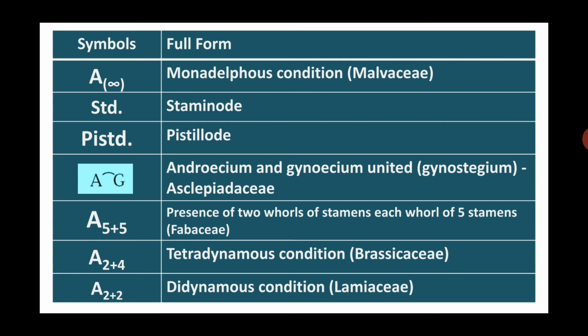A, G and union, that is arc, androecium and gynoecium united, called as gynostegium, found in Asclepiadaceae family, for example Calotropis. A 5 plus 5, presence of two whorls of stamens, each whorl of 5 stamens, for example Fabaceae. A 2 plus 4, tetradynamous and didynamous, that we have seen.